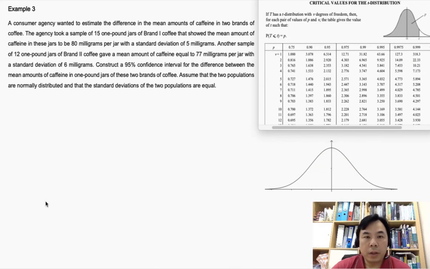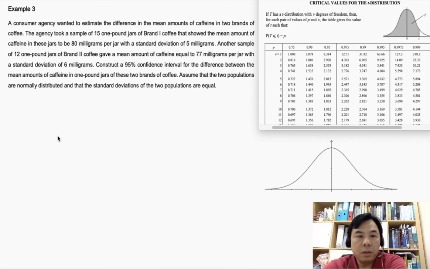All right, let's look at an example that is relevant to case number 2 here. Okay, now let's read through the question first. A consumer agency wanted to estimate the difference in the mean amounts of caffeine in two brands of coffee.